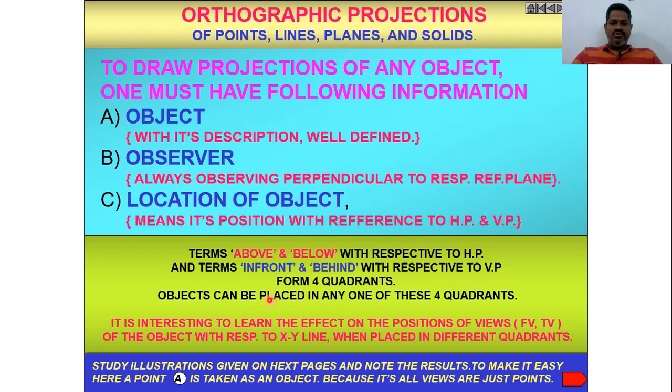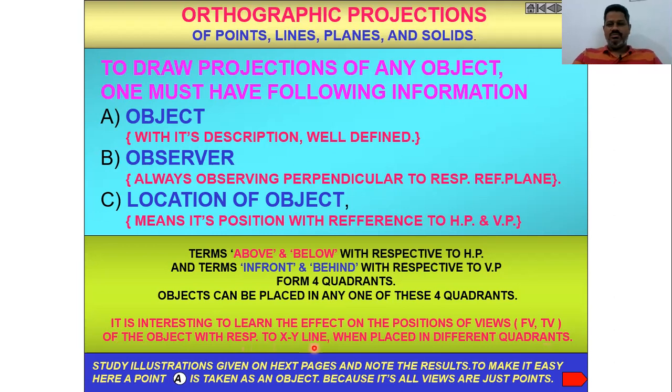Objects can be placed in any one of the four quadrants. When we place the object in any of the four quadrants, we need to draw the orthographic projection. Then it is interesting to learn the effect on the positions of the front view and top view of the object with respect to the XY line.